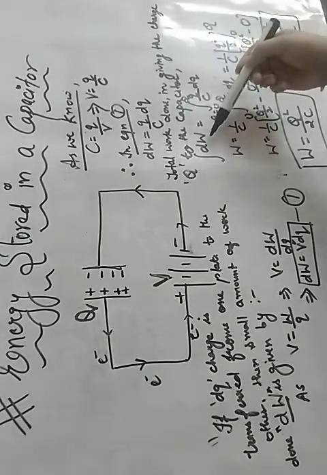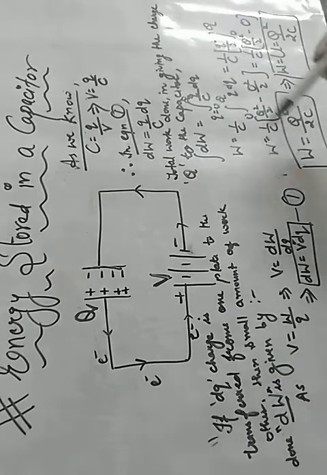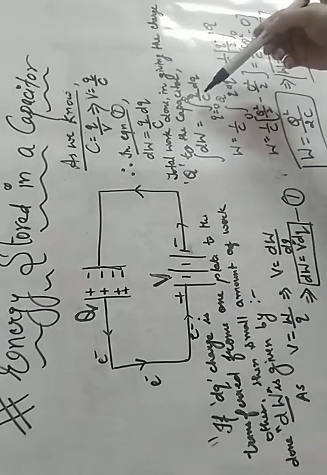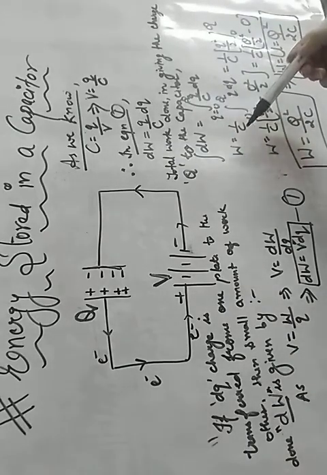Now integration of dW comes out to be W, and as C is constant, 1 by C comes out of the integration.